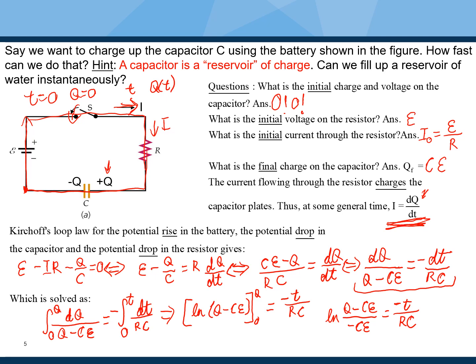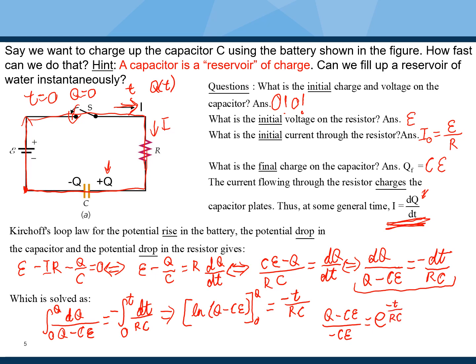So let's go ahead and erase this expression that we've obtained and instead write a different type of expression. In its place we write (Q minus C times E) divided by (minus C times E) is equal to e raised to minus t divided by RC.